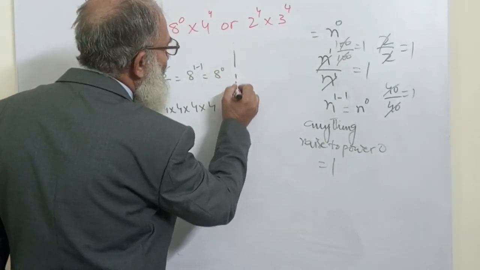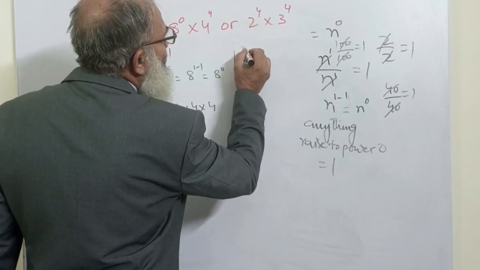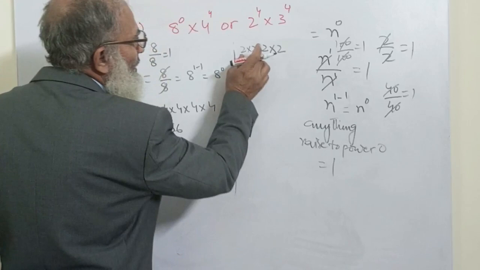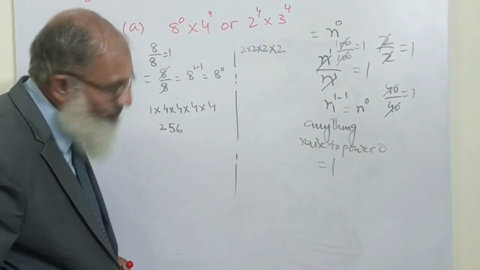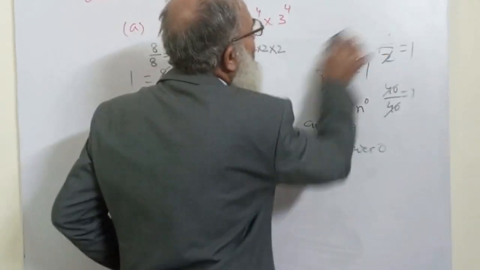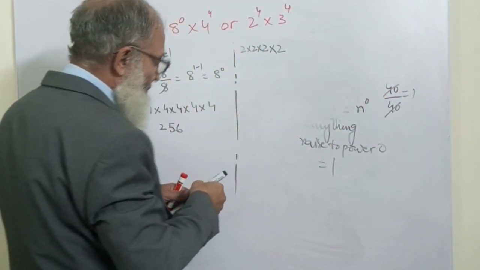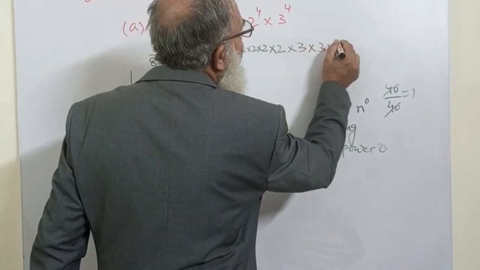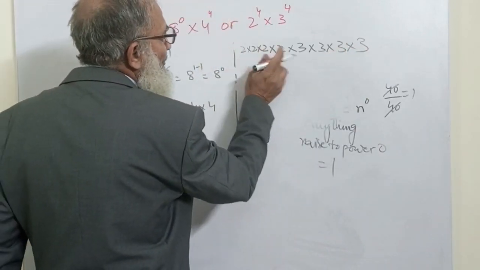Now this is 4 times 2 and 4 times 3. 4 times 2 is 8, 4 times 3 is 12.